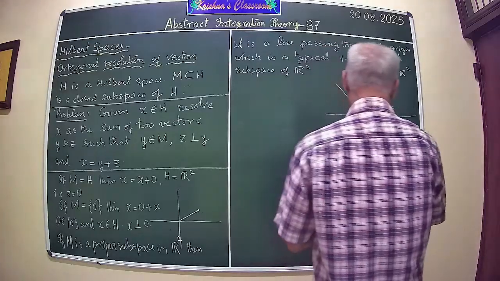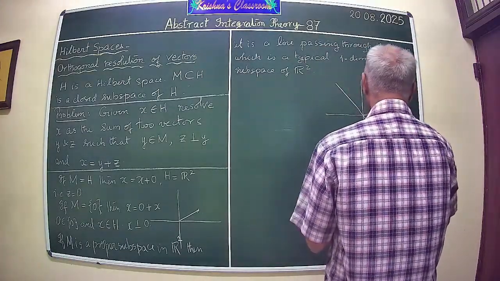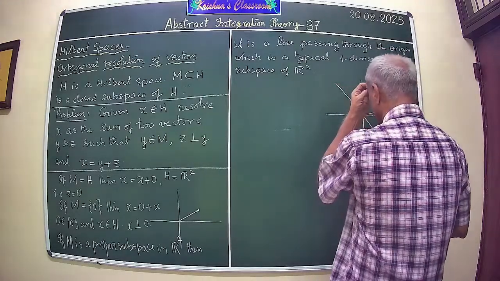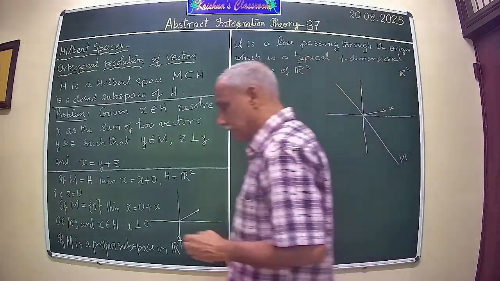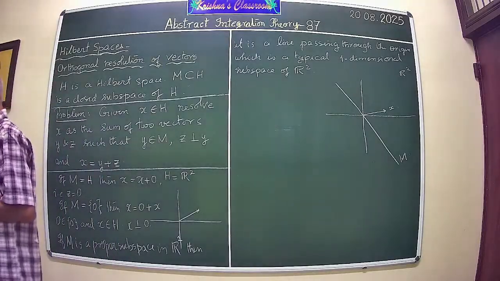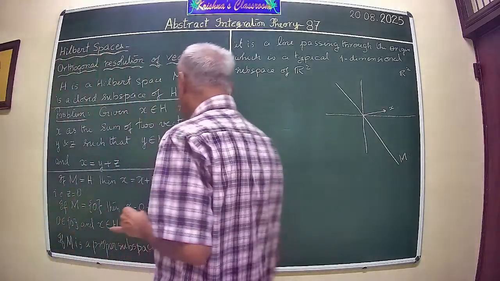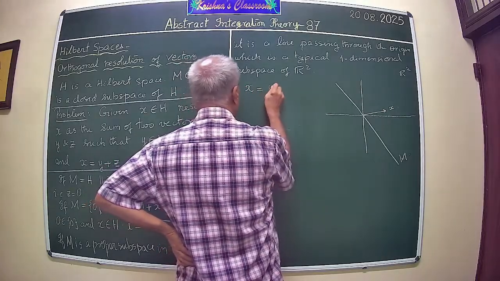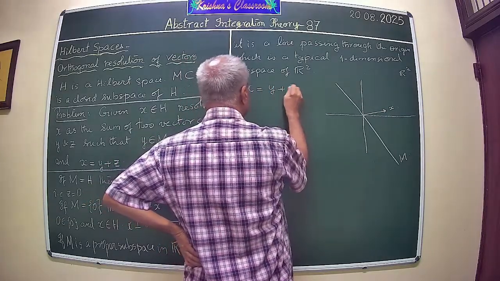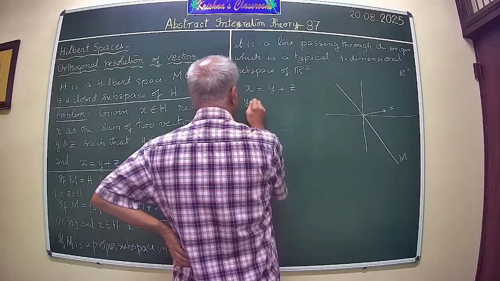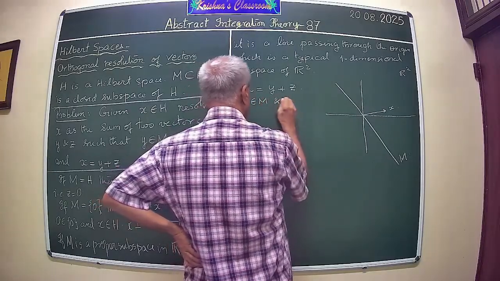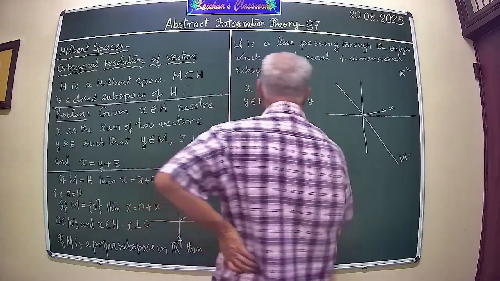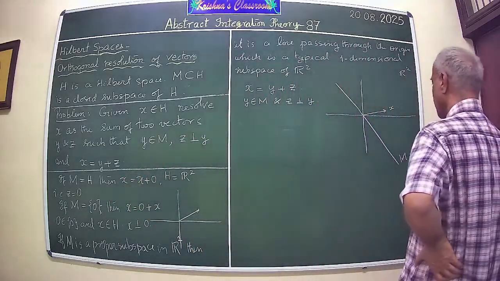That's the problem. So how to proceed? You have to write x equal to y plus z, with z orthogonal to y.